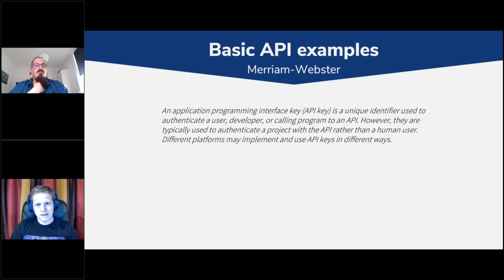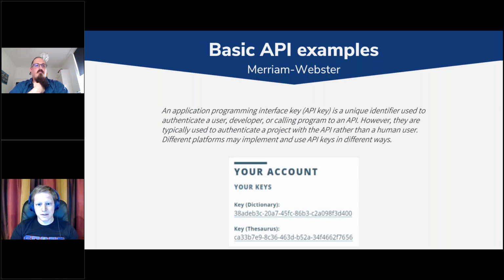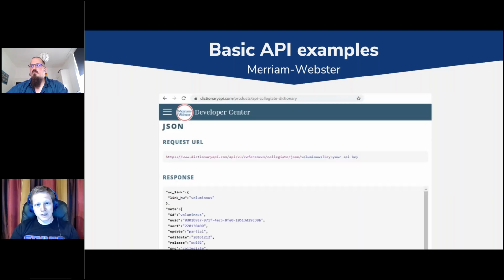So you can get an API key. Don't bother screenshotting this because these aren't correct anymore. You can just register, you enter your email address, and usually you need to give a short synopsis of what you're trying to do. But they give you 2, one for the dictionary part and one for the thesaurus part. So they have pretty good documentation of the API.